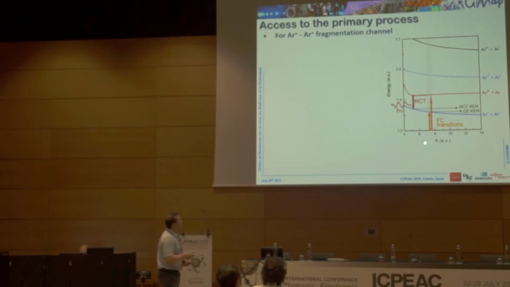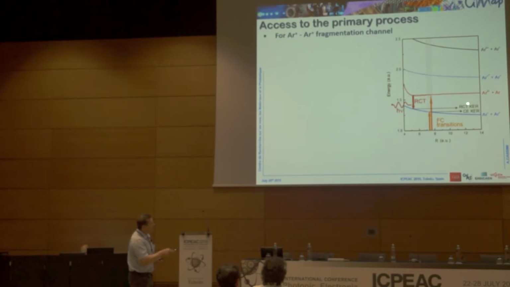The other possibility is to remove two electrons from only one argon. And then, because of the polarization, you have an attracting potential curve. The molecule implodes. And then, after a certain time, when they are close enough, you have a process called radiative charge transfer, which brings you back to this curve.